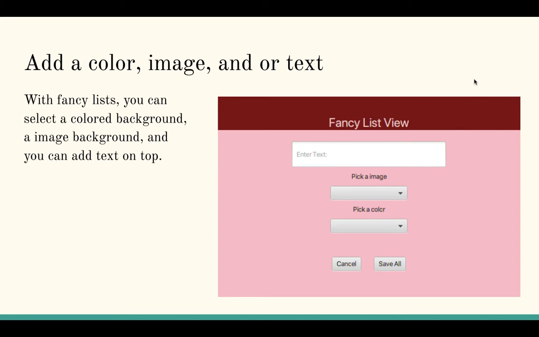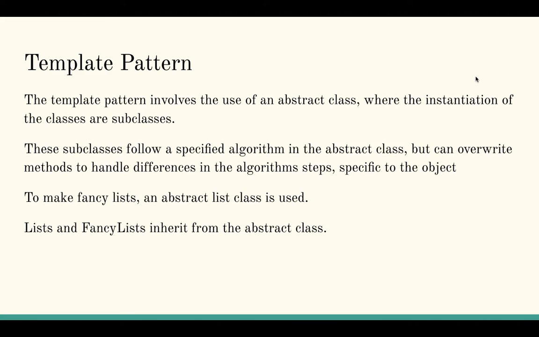I didn't have the heart to change it because I thought it was a fun way of describing what these really are. In a fancy list, you're allowed to select either a colored background or image, and you're allowed to add text if you would like, in the fashion of this view which I created.